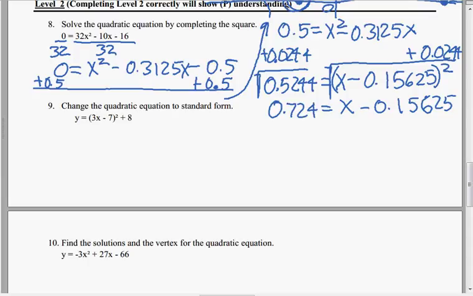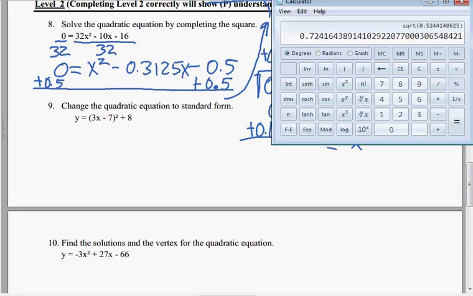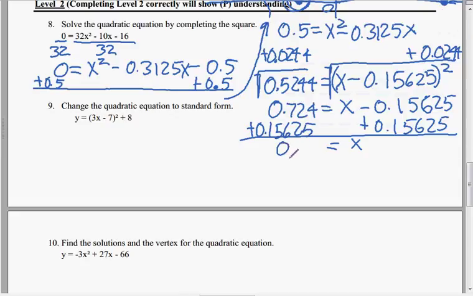And I have room to work, so I can say add 0.15625 to both sides. And I get x equals 0.724 plus 0.15625, 0.88. And that is one of my answers.